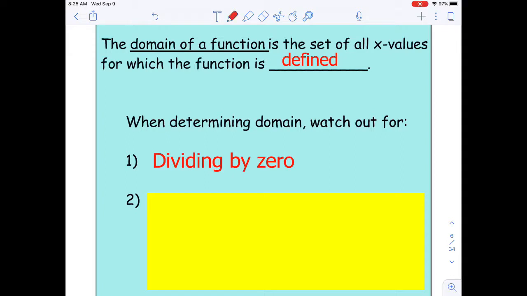The second thing is you have to look out for taking square roots, or any even root, like a fourth root, of negative numbers, because you can't do that.